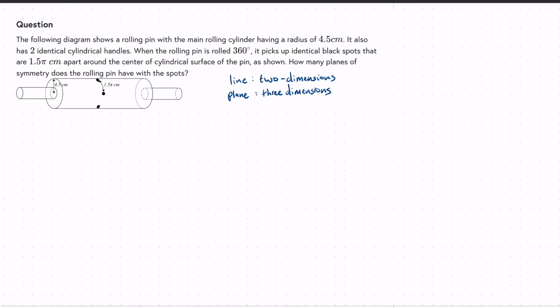So because what we're looking at is a 3-dimensional object, it's a rolling pin, we're going to be having planes of symmetry, where we can cut through that object.